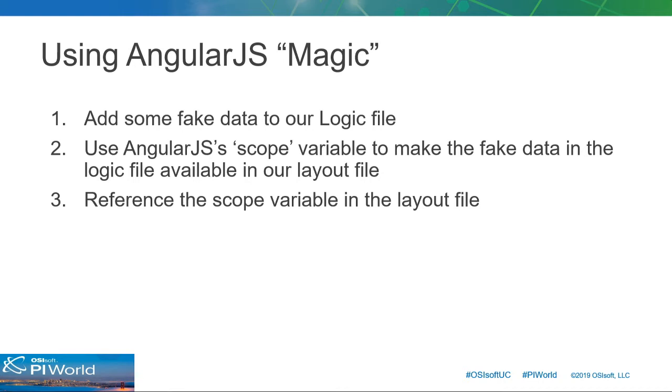So moving that information from the JavaScript file into that HTML file. And then once we have it accessible in the HTML file, we can use that scope variable, AngularJS's scope variable, to actually consume that data in the layout file. So let's get started with that.